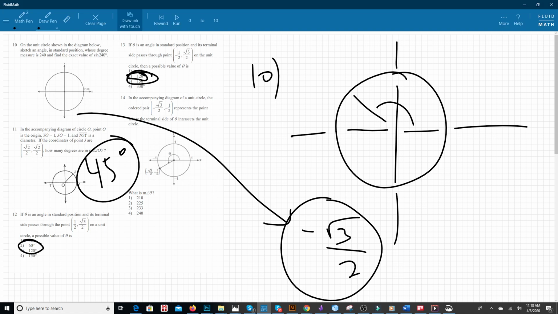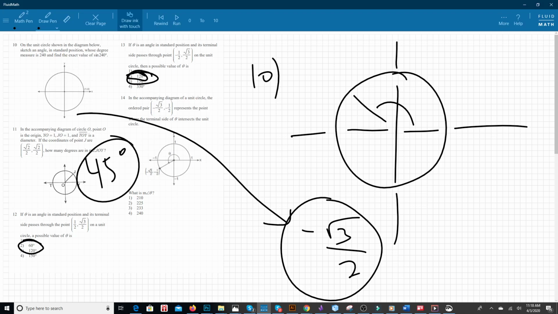So, 14. In the accompanying diagram of a unit circle, the ordered pair negative radical 3 over 2, negative 1/2 represents the point where the terminal side of theta intersects the unit circle, as drawn. What is the measurement of angle theta?